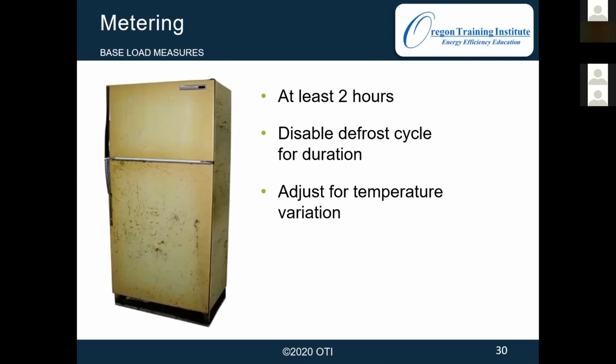And with the watt meter, we need to run the test at least 2 hours without any defrost cycle. We can run it longer, that's fine, but we don't want to do less than 2 hours, so we have a reasonable idea of how often it cycles.